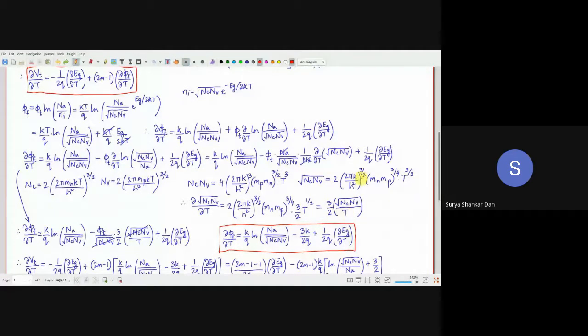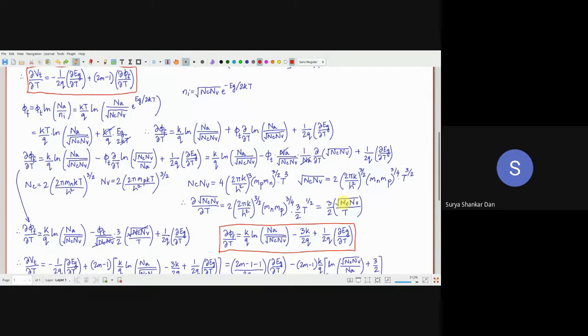What do we gain out of this? Instead of this del, it with this one. Therefore, from here, if we come to this, K by Q, the rest of the terms are here. Instead of del T root over NCNV, I'm going to put this one, phi T by root over NCNV, it was earlier there.